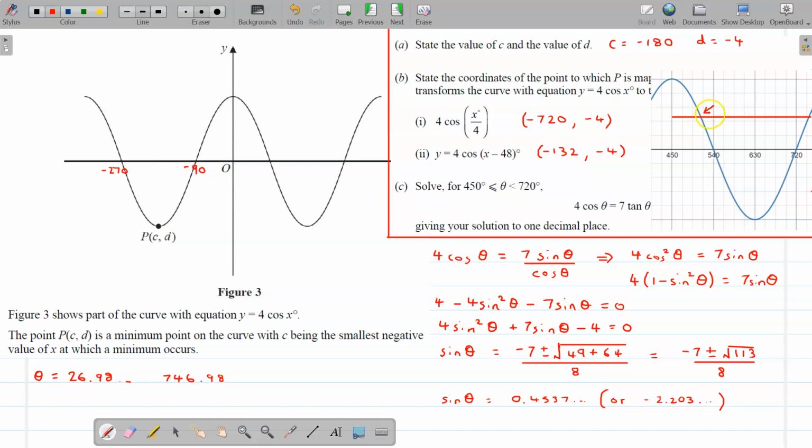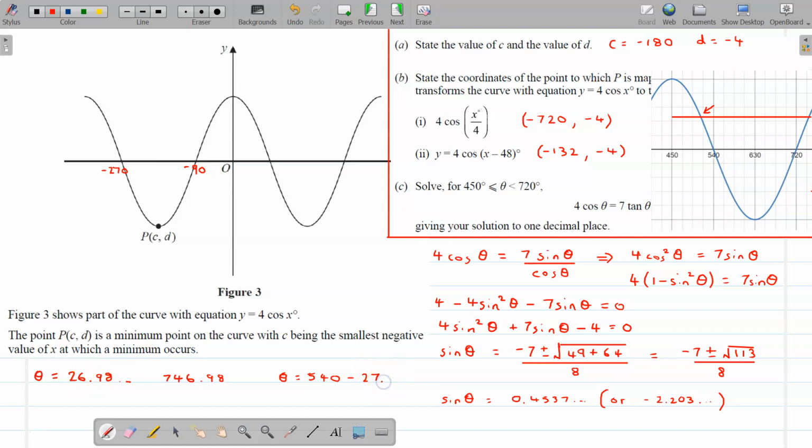So this comes from the value we need for theta, which is 540 minus 26.98, in fact 27, because I think we only need to give it to one decimal place, so that would be 27.0.